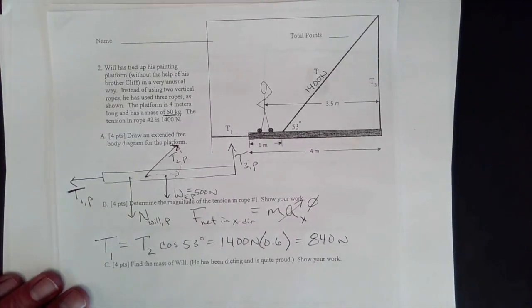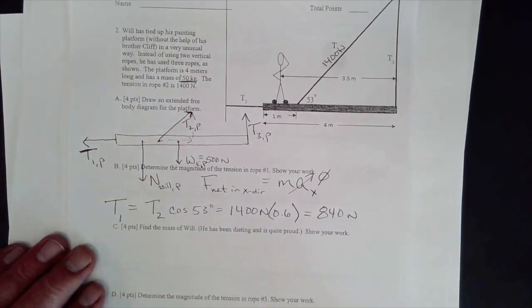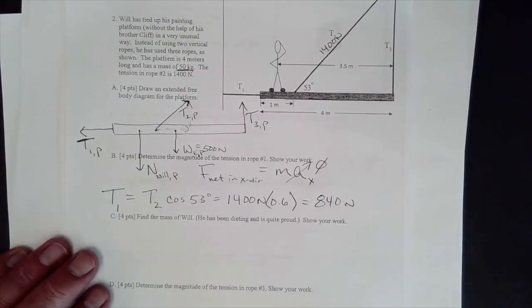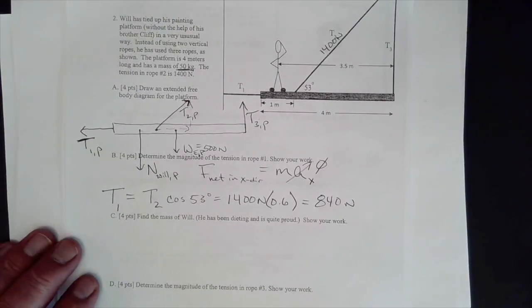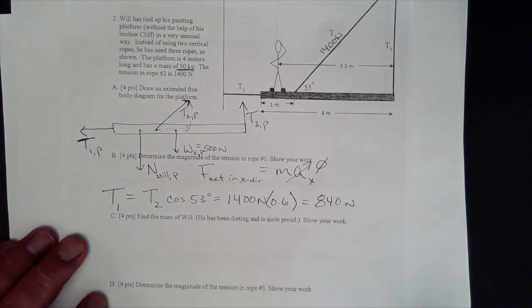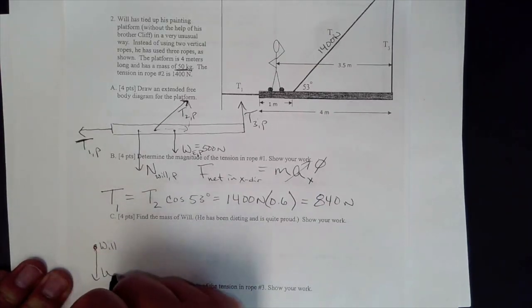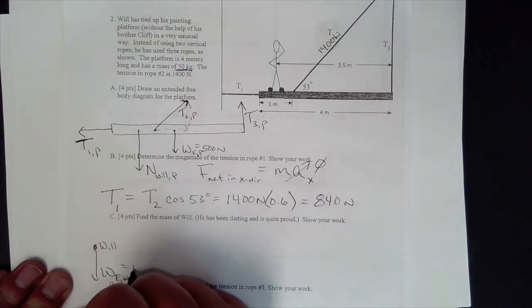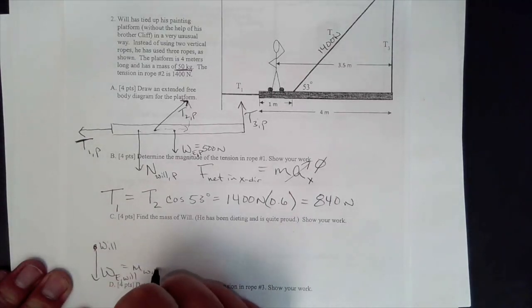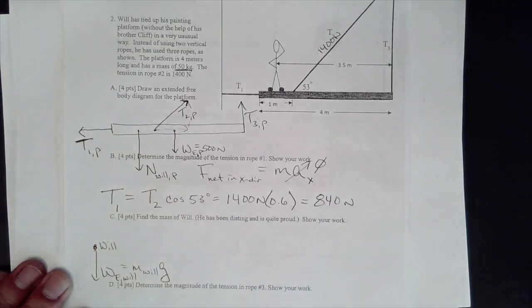Well, finding the mass of Will is kind of easy if we only knew the weight of Will. And if we drew a free body diagram for Will, we've got this weight force on Will that's equal to the mass of Will, that's what we're looking for, times g.